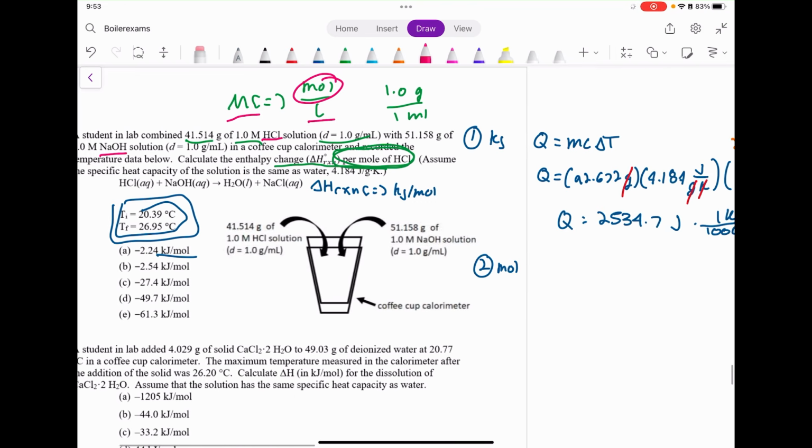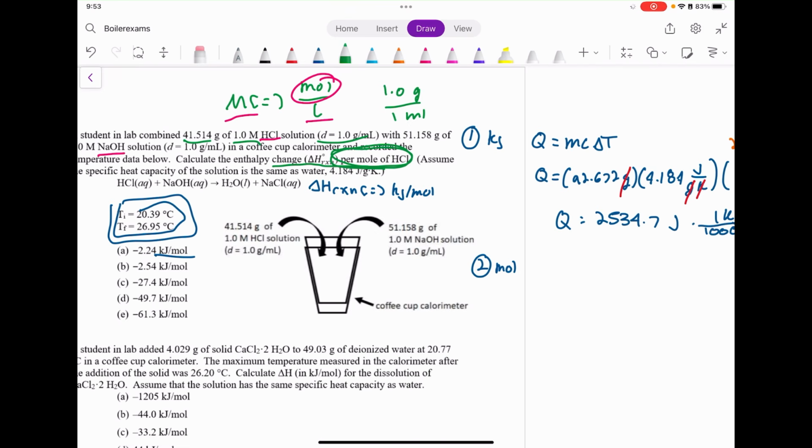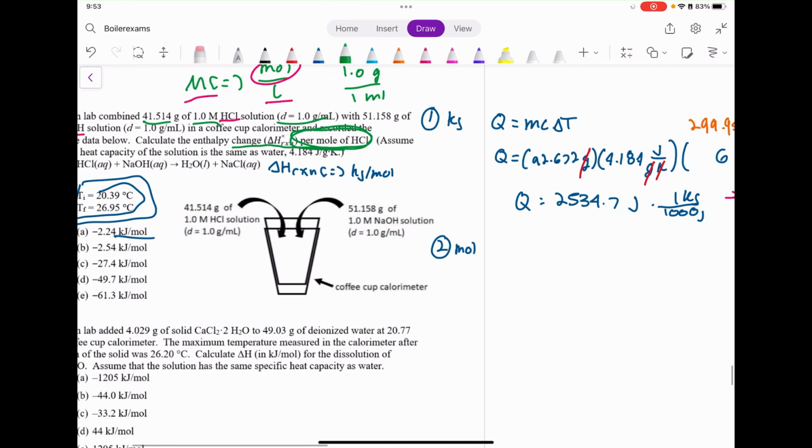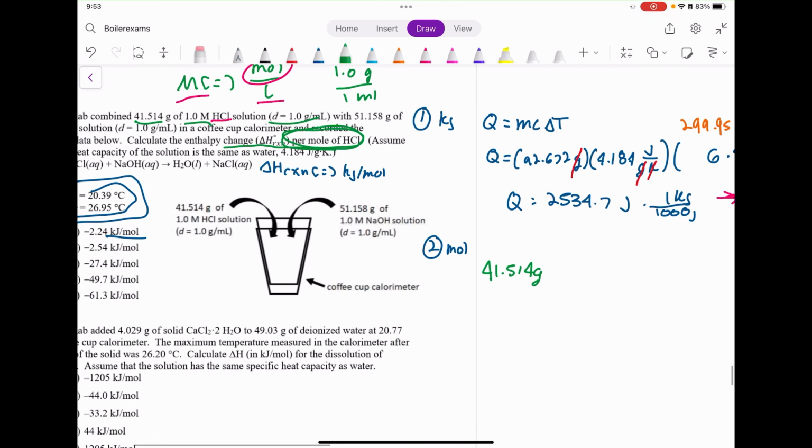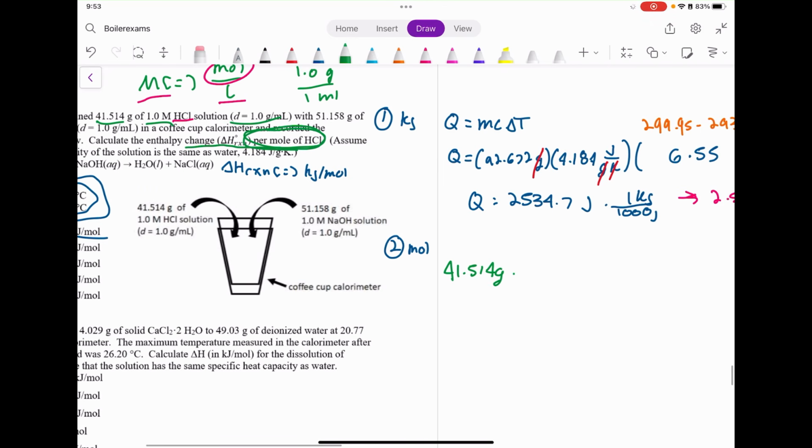How could we get liters? We can get liters by multiplying our mass by the reciprocal of the density. So we know we have 41.514 grams of the solution, and we know that the solution has 1.0 grams per 1 milliliter. That's my density.